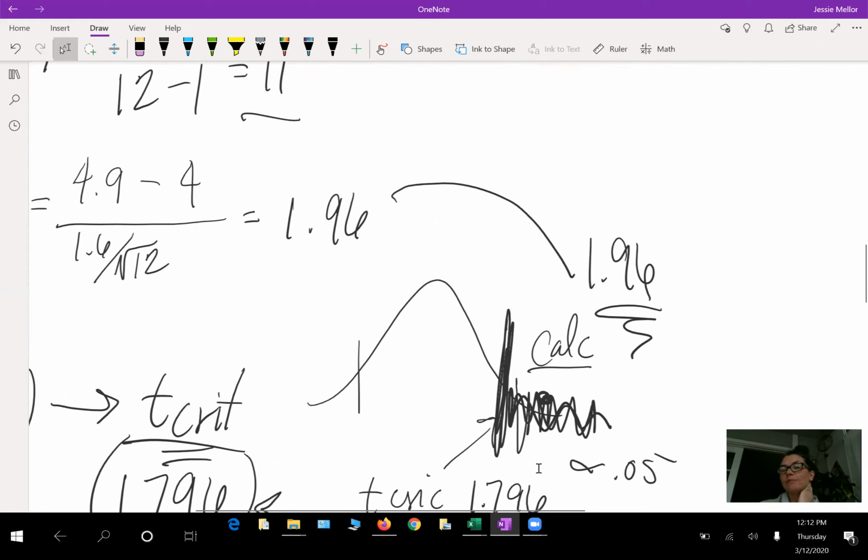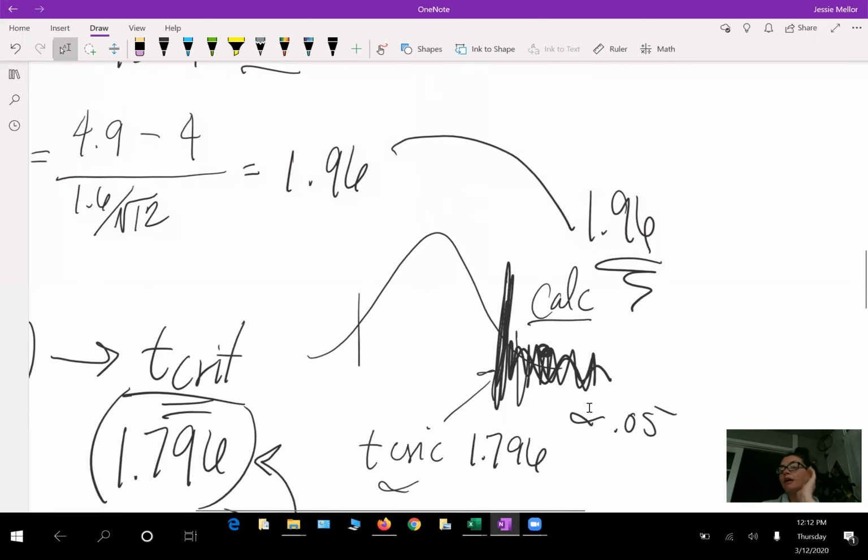So we mark this area at 1.96, our t fell in there. So we have to look up on our critical table, what's the critical area for significance for this group with this degrees of freedom. So you can either A, have an exact p-value, the exact level of significance, and compare that to the alpha, or you can do it through your t. So first we'll do the t.